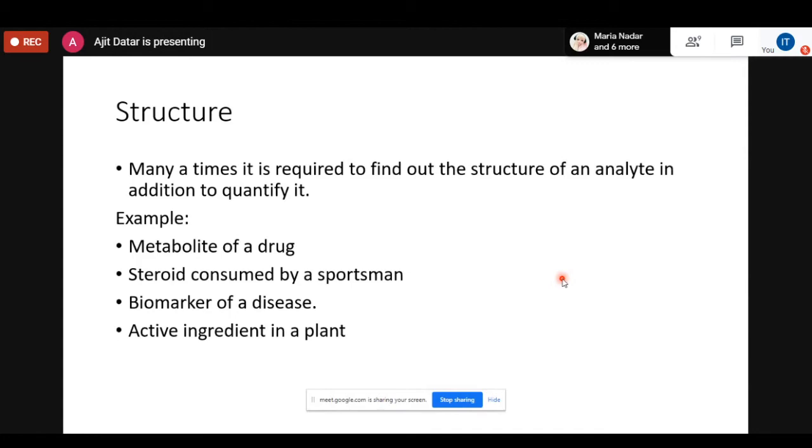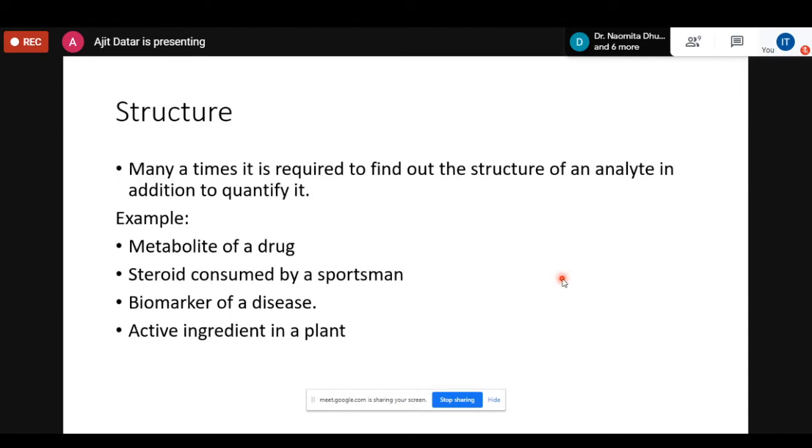When we have to find out the biomarker of a disease, we need to find out what is that, and we have to find out the structure of that. It could be metabolomic kind of work, it could be proteomic kind of work, but you have to find out a disease biomarker, and then you can look at the upregulation or downregulation of that particular biomarker to find out the stage of the disease.